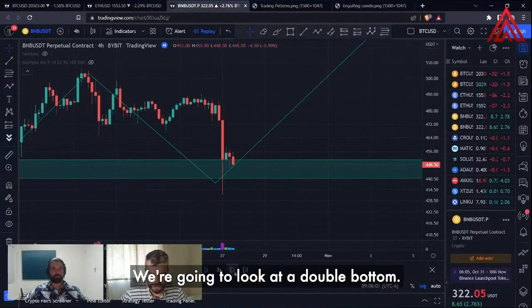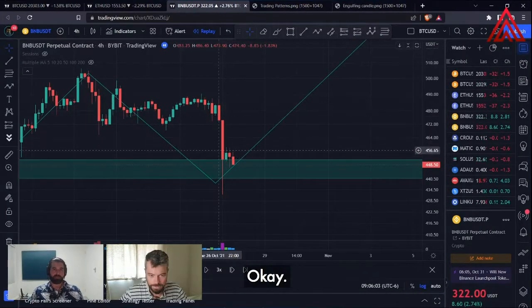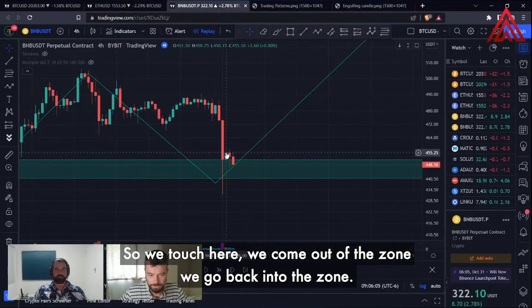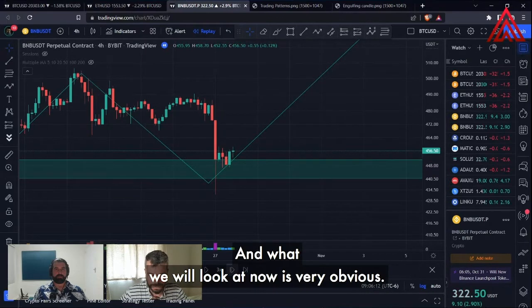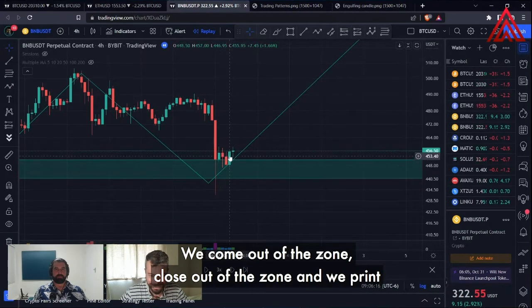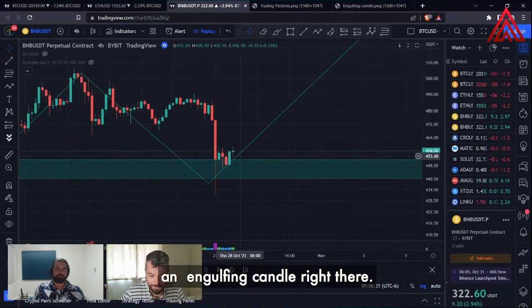We're going to look at a double bottom. So we touch here, we come out of the zone, we go back into the zone. And what we will look at now is very obvious. We come out of the zone, close out of the zone, and we print an engulfing candle right there.